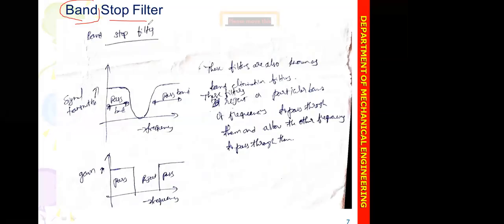See here, this is the only range of frequencies from a signal that is rejected. Only a certain specified band of frequencies is stopped, and all other remaining frequencies from a signal are transmitted.